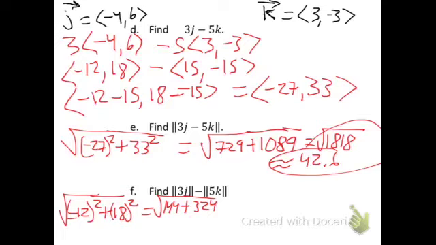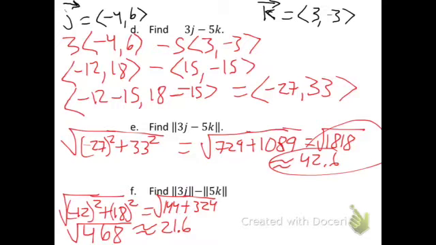So if you add those guys together, you're looking at the square root of 468, which is approximately 21.6. So that's the 3j part.